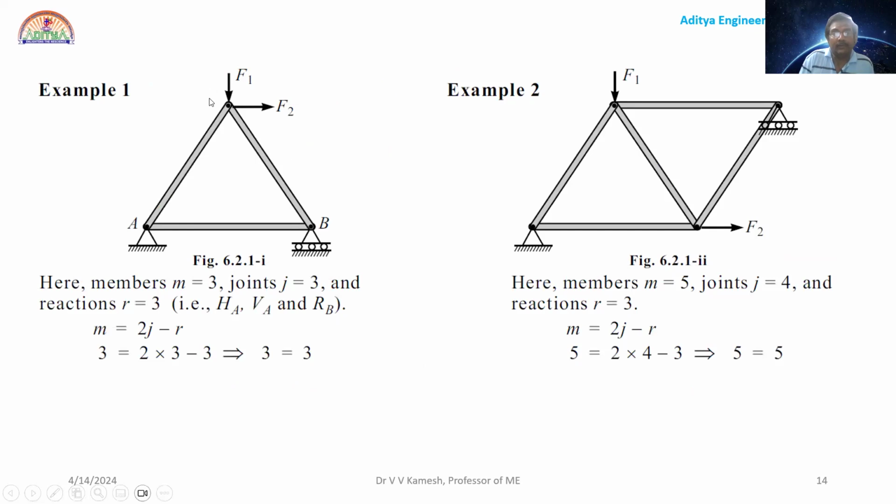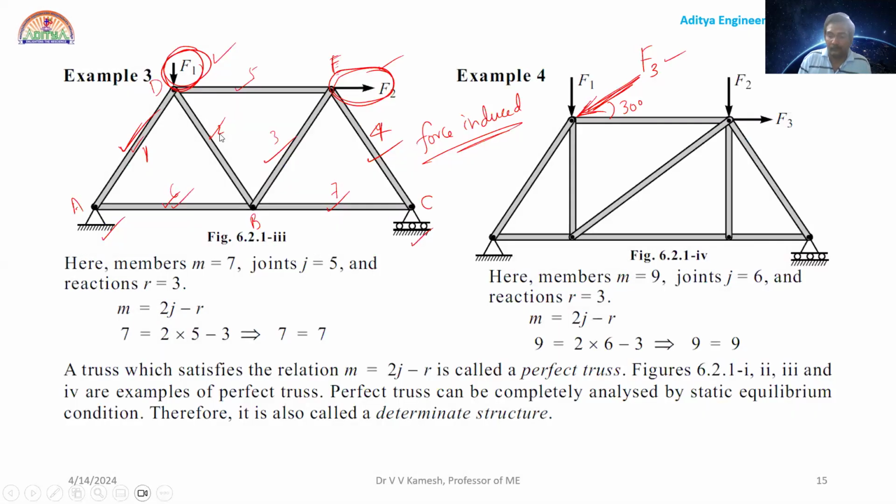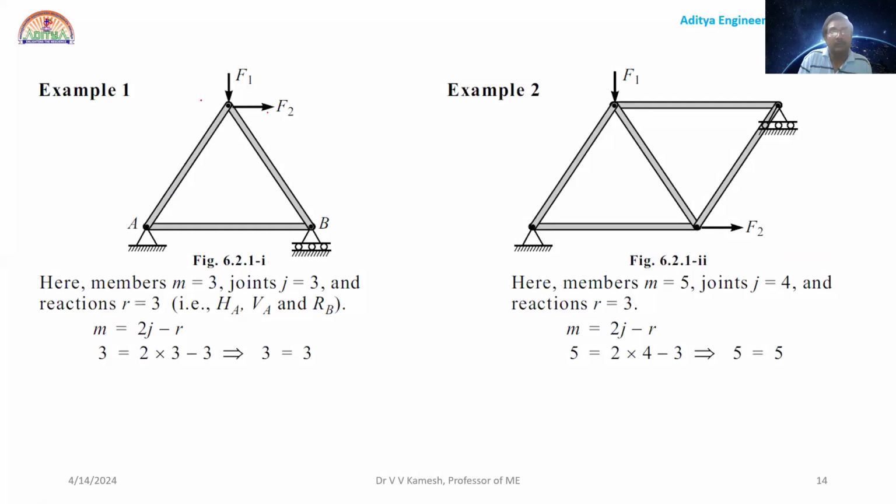Okay, I will give the name here C. Right. So ABC is a triangular truss. Now, F1 and F2 are external loads. Now we need to identify induced force in AC, induced force in BC, induced force in AB, right?